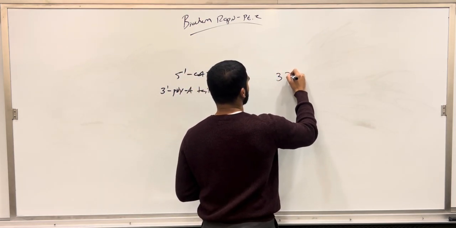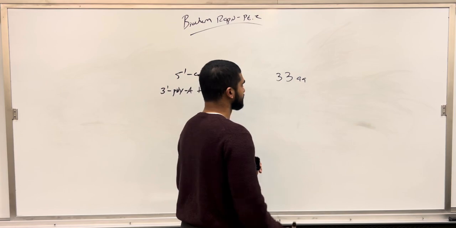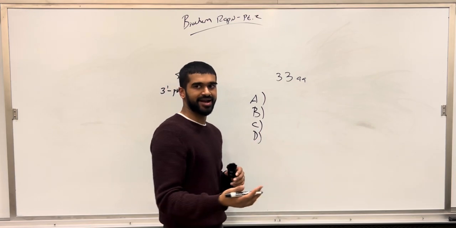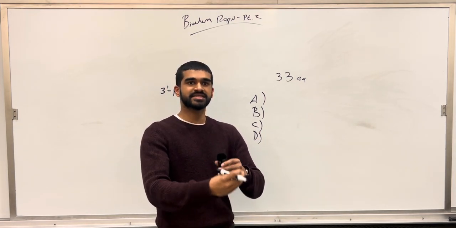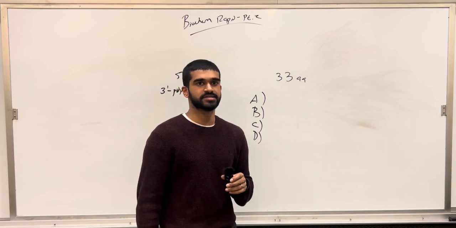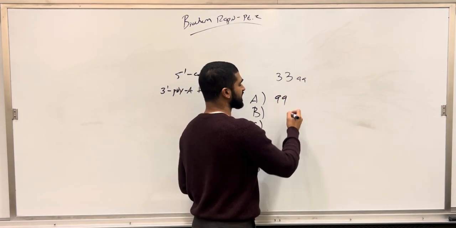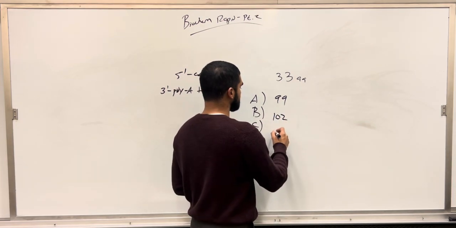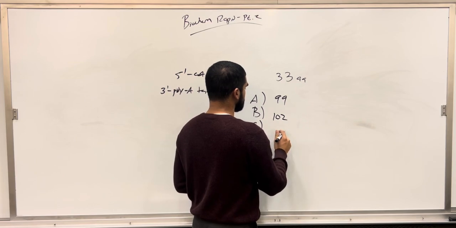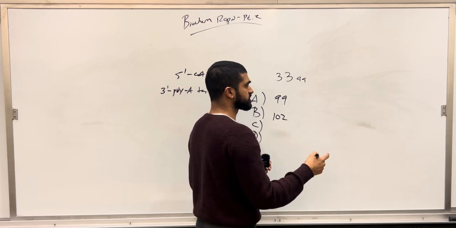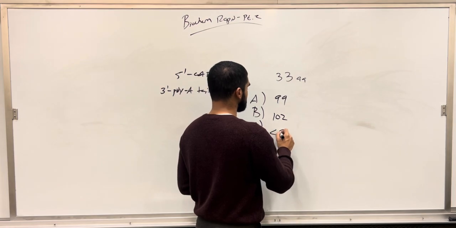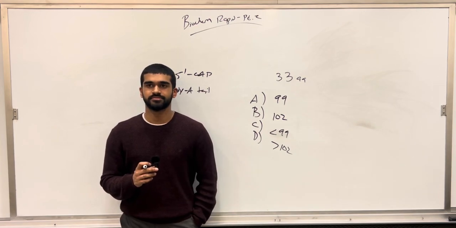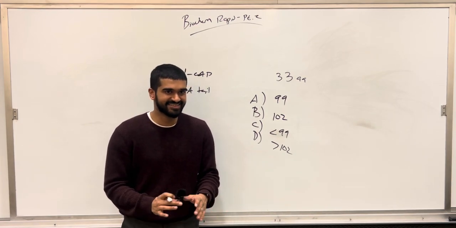A protein has 33 amino acids, and they want you to say, which of the following best describes how many nucleotides were inside of the original mRNA sequence? 99, 102, less than 99, or greater than 102? It's clearly not less than 99.